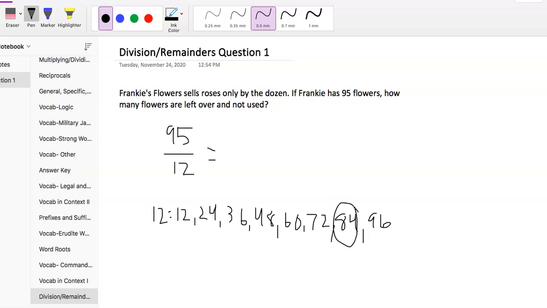Okay, so this 84 number is key, right? This was 1, 2, 3, 12 times 4, 5, 6. So 12 times 7 is 84. And then 95 minus 84 is 11.